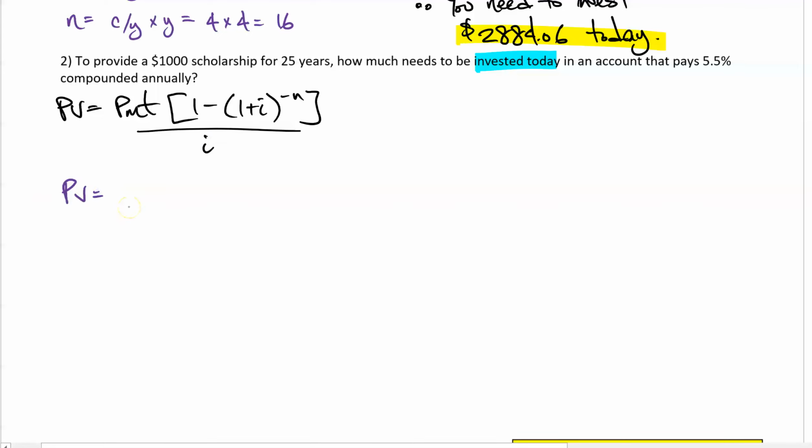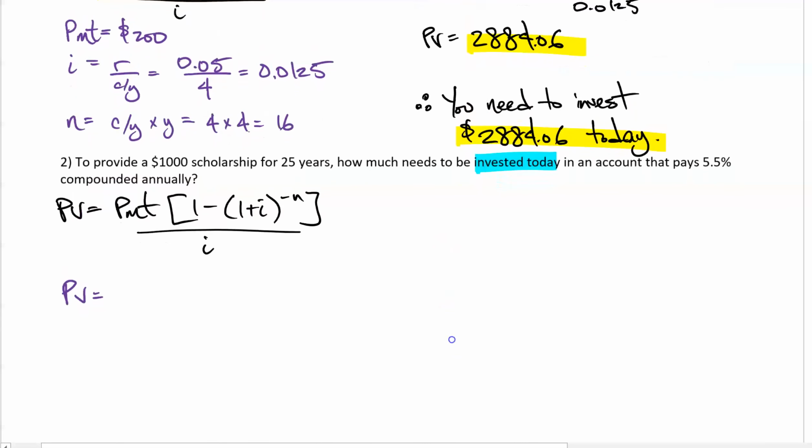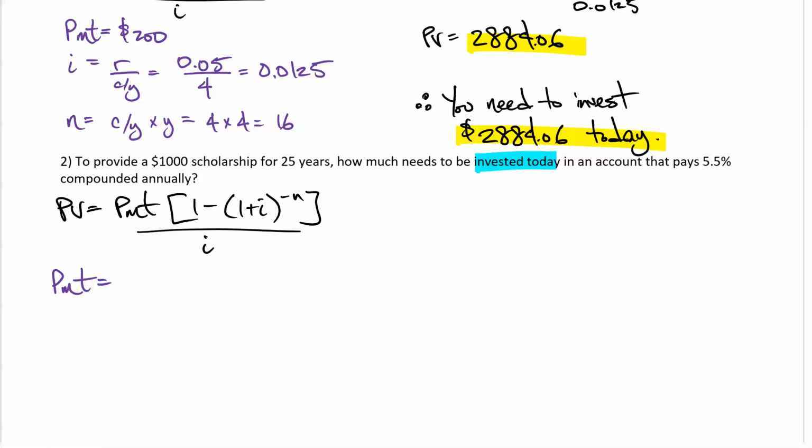We're going to find it and write it down and come up with a list of all these things just like we did up there: PV, PMT, excuse me. Okay, so take the time and try to figure out what PMT, I, and N are. And if you're feeling so bold, you can just go ahead and plug them in and see if you get the same answer. Okay, but I'll show you all this stuff in 3, 2, 1.